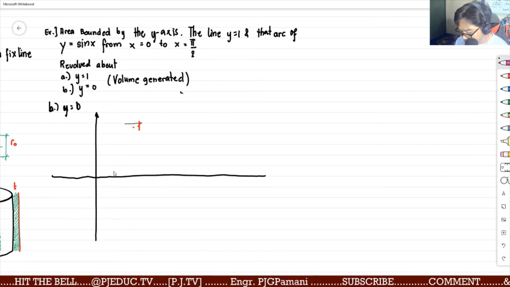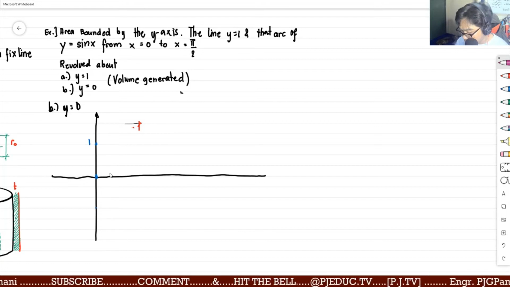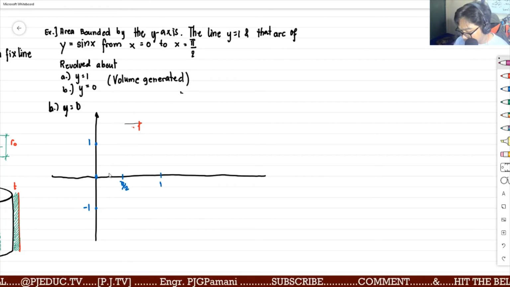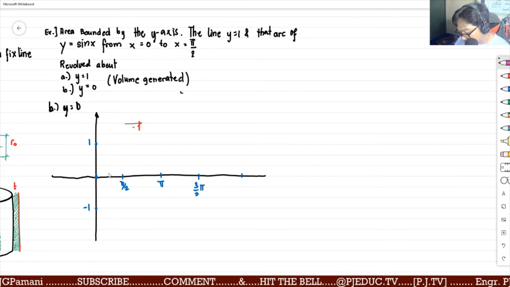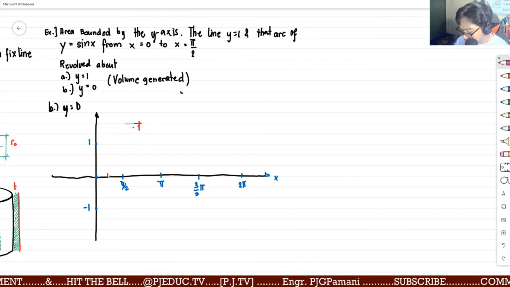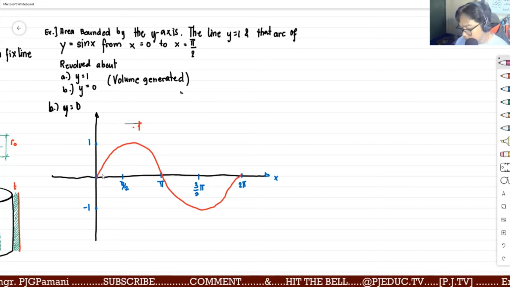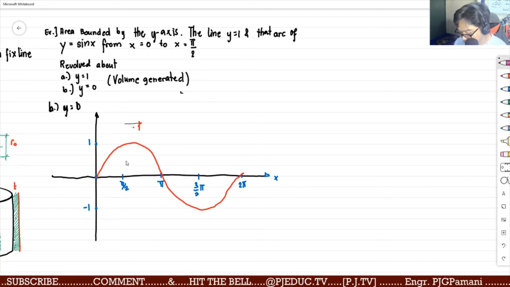Okay. Hirap mag-drawing eh. Max limit, minimum limit is positive 1 and negative 1. Then again, pi over 2, pi, 3 halves pi, and 2 pi for complete period. So, yan na yung ating curve ulit.